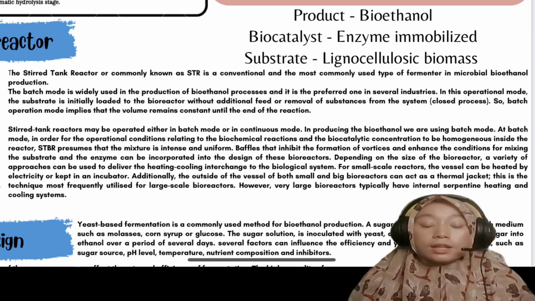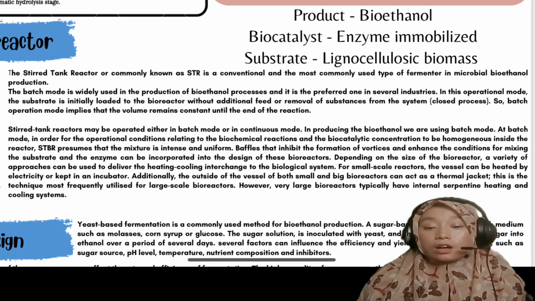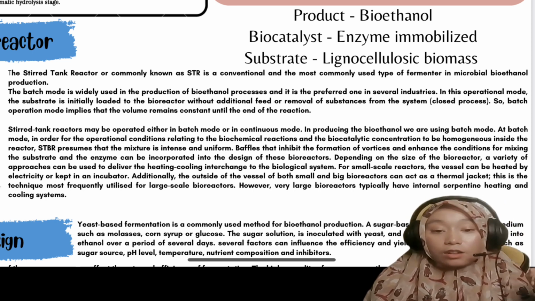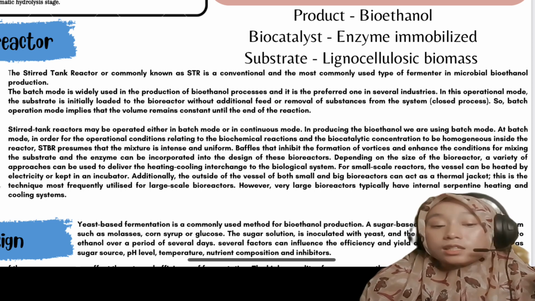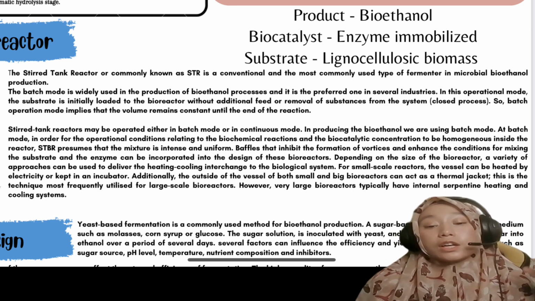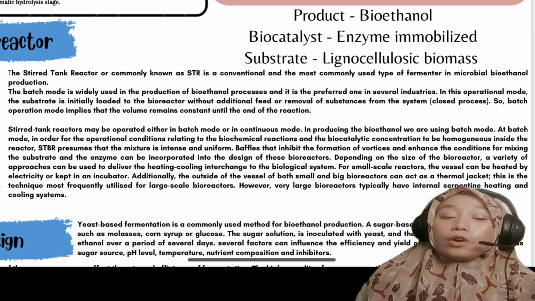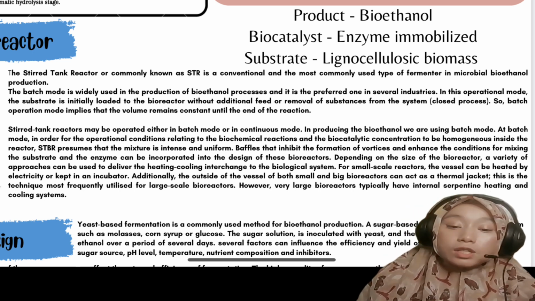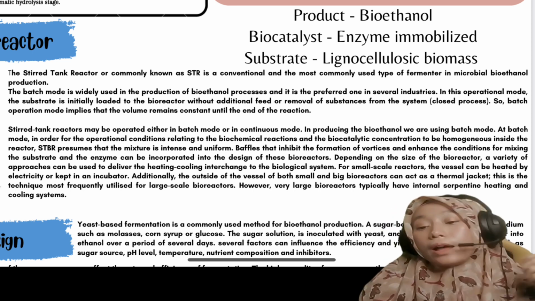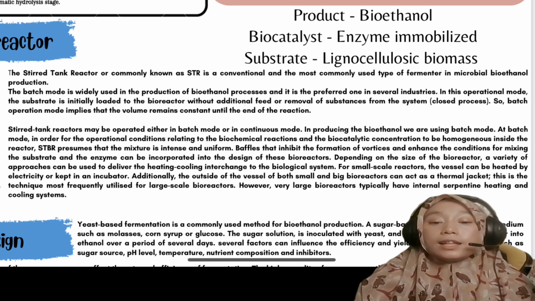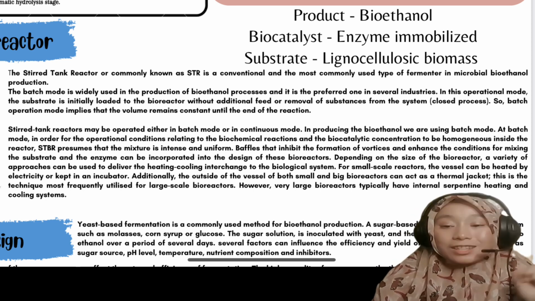Like we know too, the stirred tank bioreactor is a conventional and the most commonly used type of fermenter in microbial bioethanol production. Stirred tank reactors can also operate either in batch mode or in continuous mode. In producing the bioethanol, we are using batch mode. The batch mode is widely used in the production of bioethanol and is preferred in several industries.